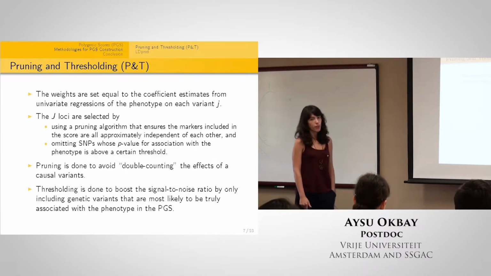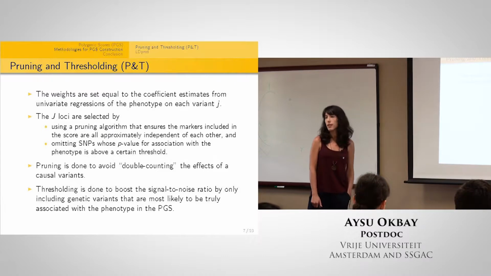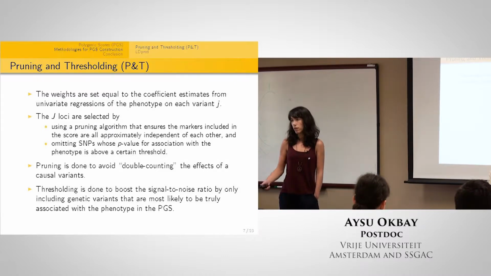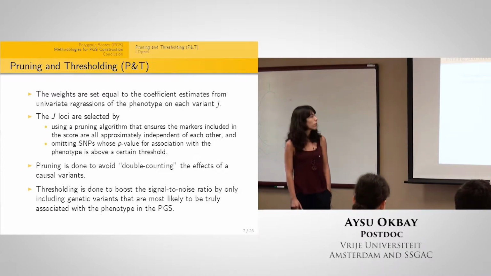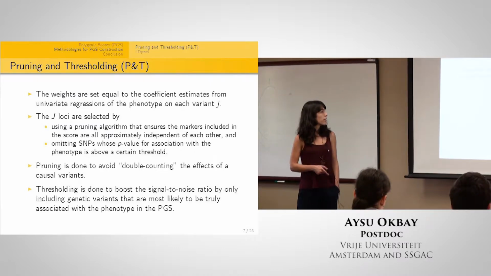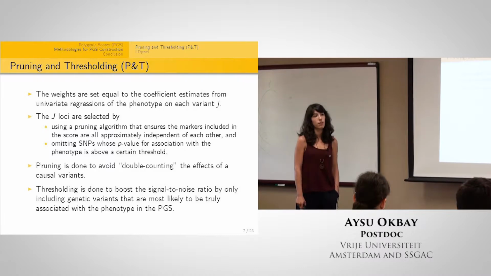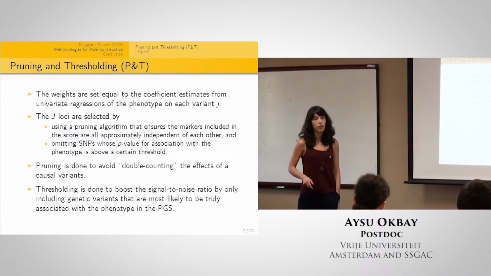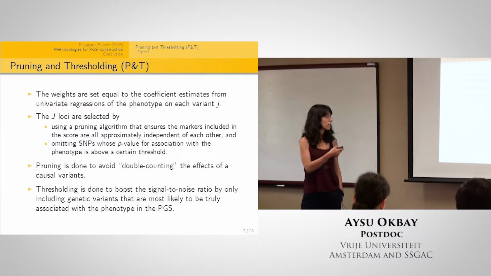So in pruning and thresholding, you set the weights equal to the GWAS estimates of the SNPs. So you just use the betas from the GWAS, and then you select the SNPs based on a pruning algorithm to make sure that there's no double counting of causal SNPs.